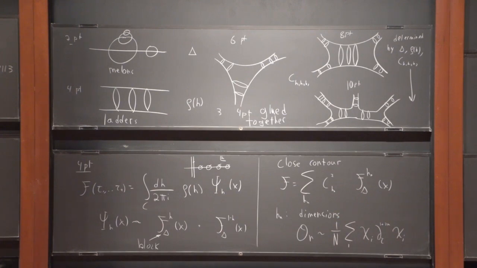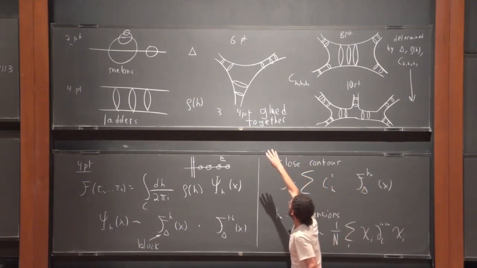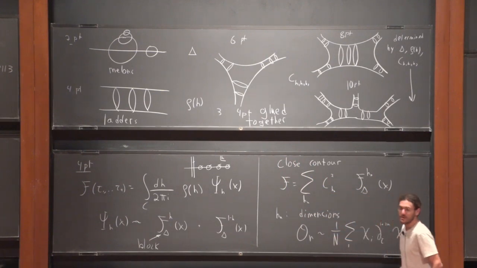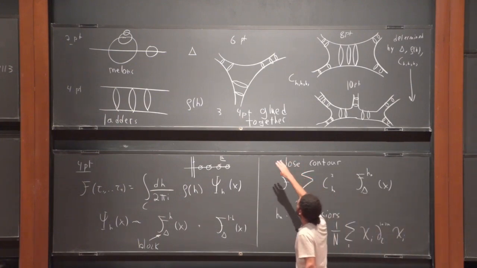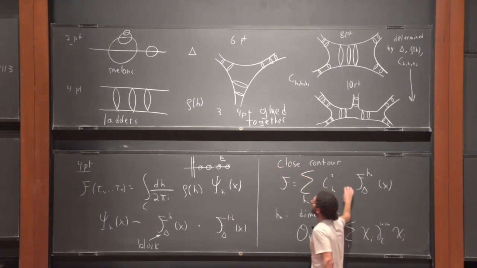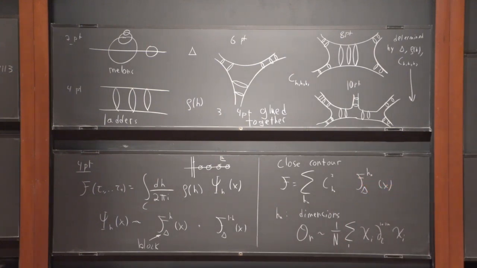Good. So now let me discuss the 6-point function. So it's clear how to compute the 6-point function. One simply takes 3 4-point functions and combines them, glues them together, which means evaluating some non-trivial integrals. And really what one is doing, since the 4-point function is the sum of conformal blocks, one is combining 3 conformal blocks to get the 6-point function.